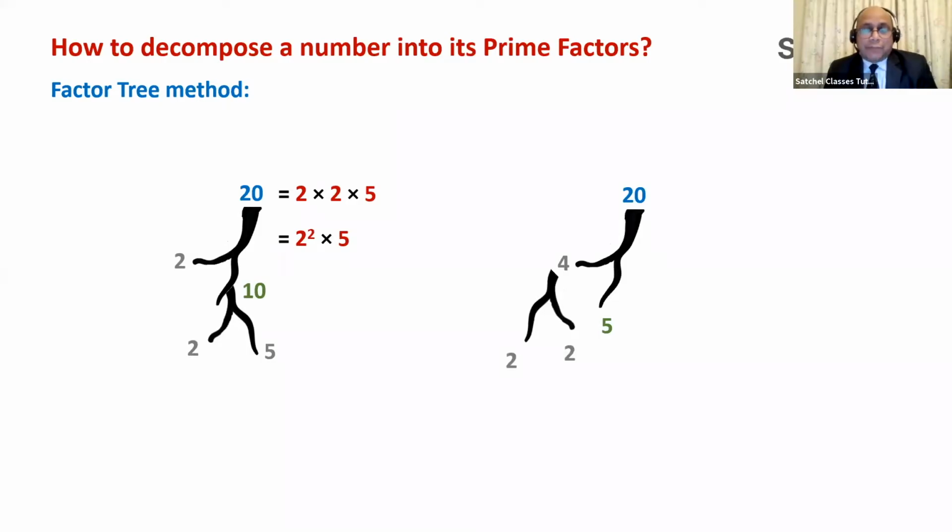And 2 and 2 are prime numbers. So now we have prime numbers at the end of each branch of the tree. So 20 is again 2 times 2 times 5, the same as what we got earlier, or 2 squared times 5. So how you break it down initially doesn't matter. As long as you keep breaking it down further and further, and you end up getting prime numbers at the end of every branch of the tree, you will finally get the same answer.